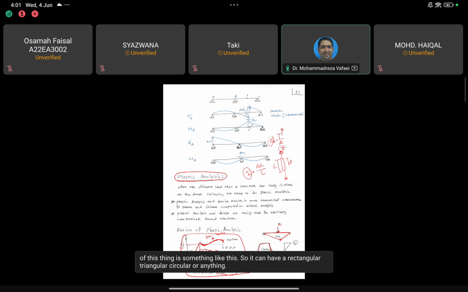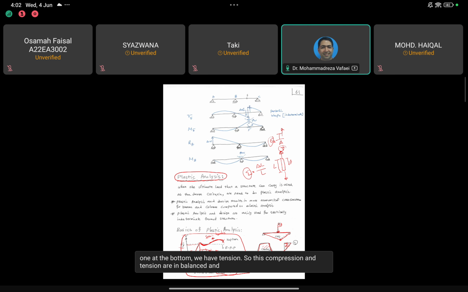In the beginning, when the load intensity is small, this P is small. So if you look into the stress of the section, the stress block is going to look like the one that you see in my slide. So we have a triangle shape. On top, we have compression in this zone. At the bottom, we have tension. So this compression and tension are in balance.